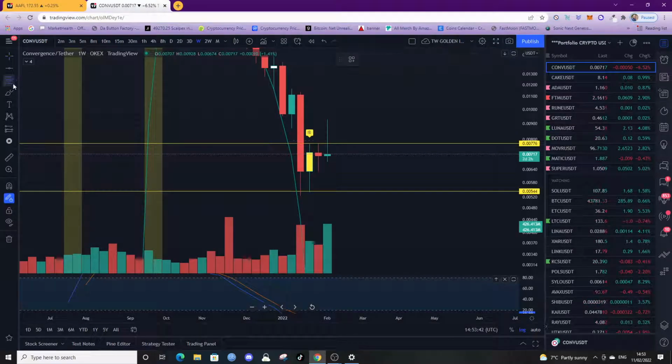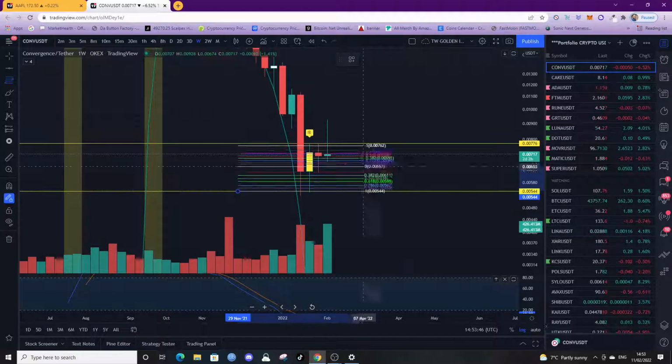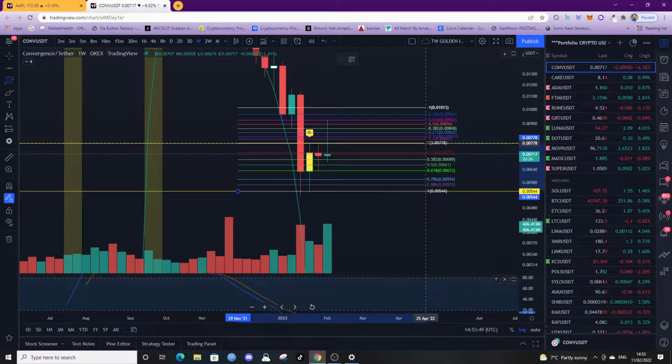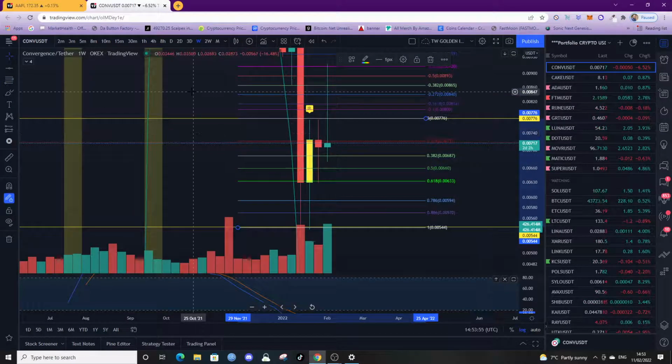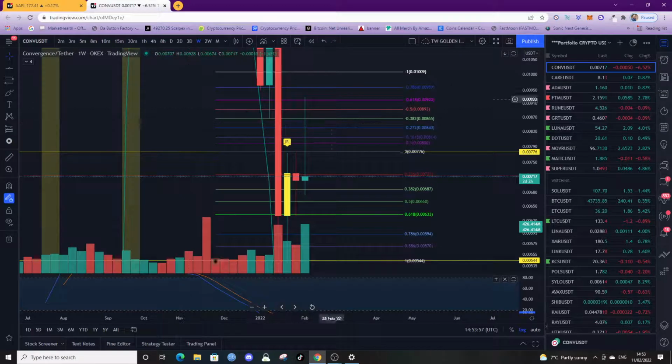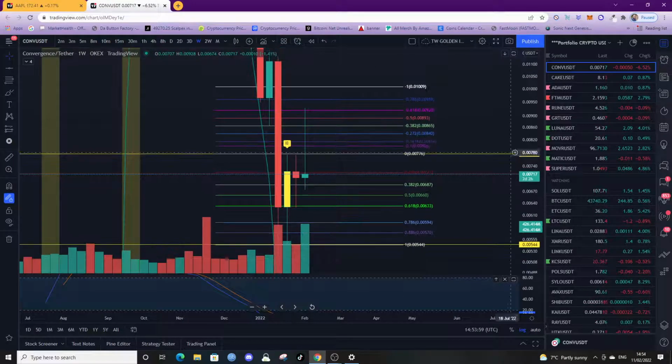Well, you could take a fib from the low of the inside to the high. As you can see here, if you bought the pullback of this inside candle at the 618 and then put a sell order at the 618, you can see pretty much that's exactly what happened.